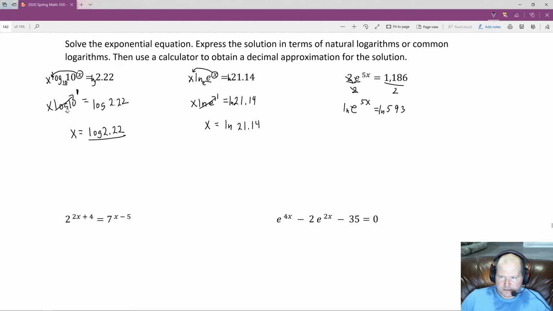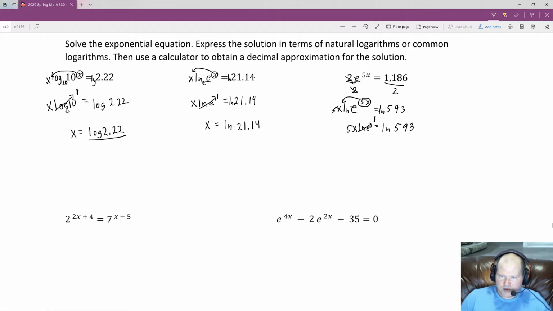Now that I have an e here, I can take the natural log of both sides, right? Which allows me to pull this exponent to the front. That gives me 5x natural log of e is equal to natural log of 593. Now, the natural log of e is going to turn into a 1.